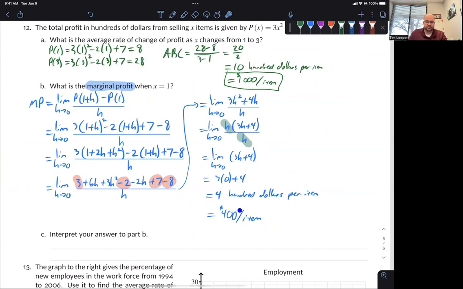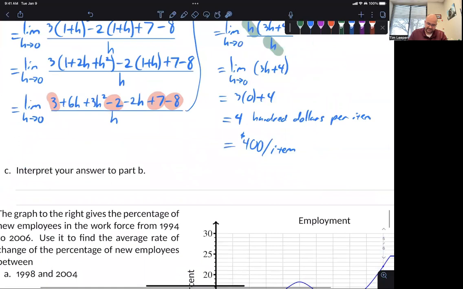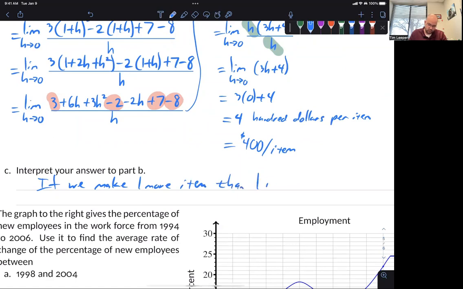So if this is $400 per item, what this is telling me is that if we make one more item than one item, aka on the second one, we will gain $400. Now it's kind of a long-winded way of saying the second one gives us an increase of $400 in profit.